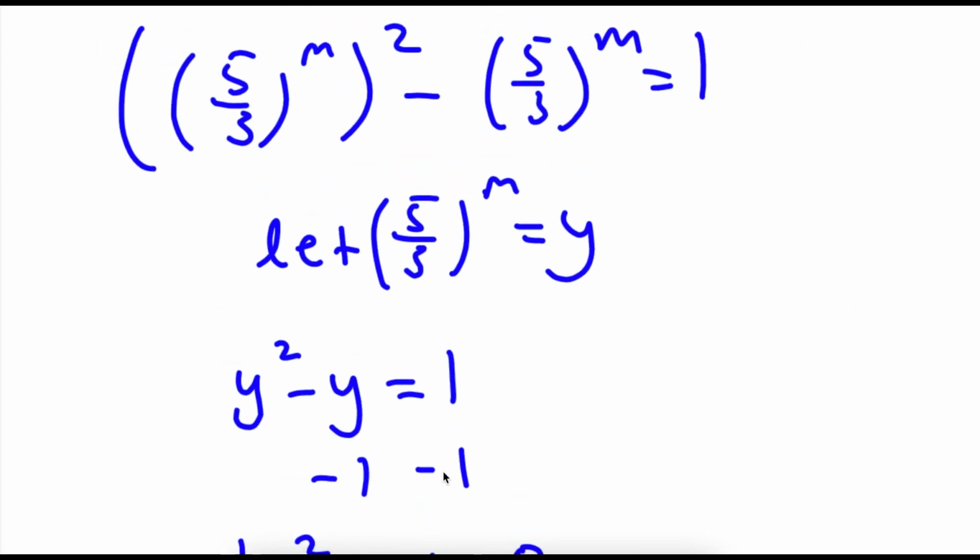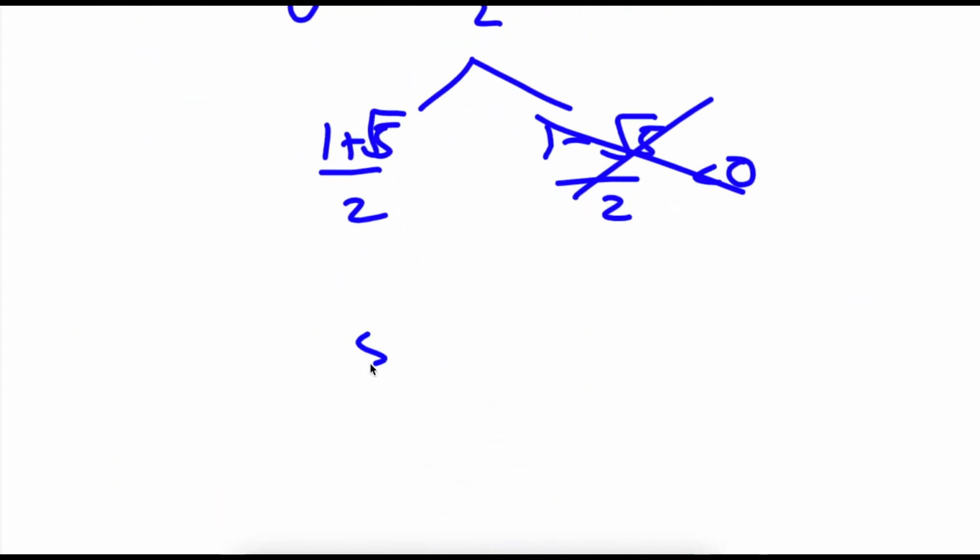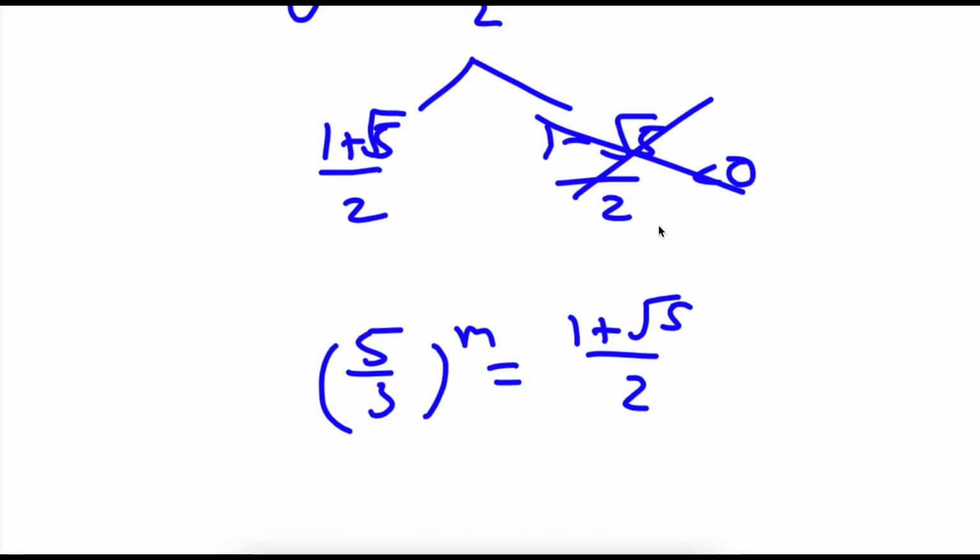And now remember how we set 5 over 3 to the power of m equal to y. So now we have 5 over 3 to the power of m is equal to 1 plus the square root of 5 over 2. And the reason the other was rejected is because we have a positive number, 5 over 3, to the power of m, and this can't equal a negative number, because if you take the power of a positive number, you can't make it a negative number. That is not allowed.